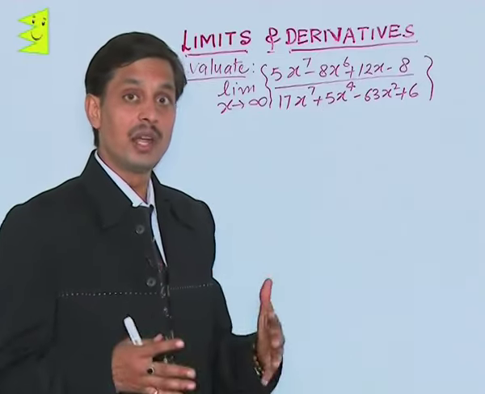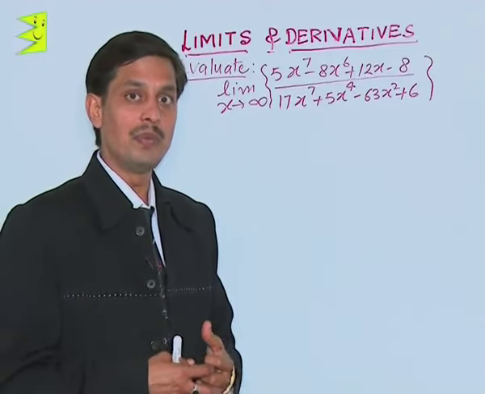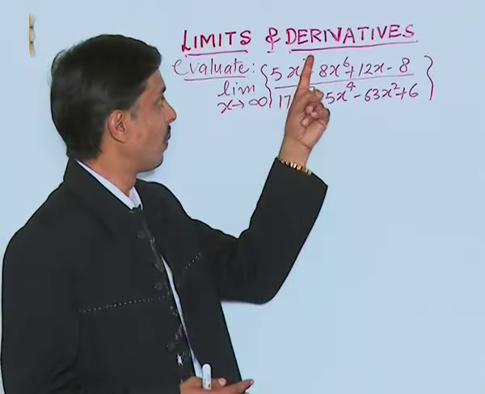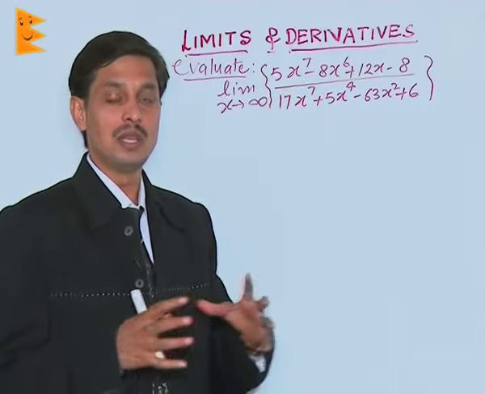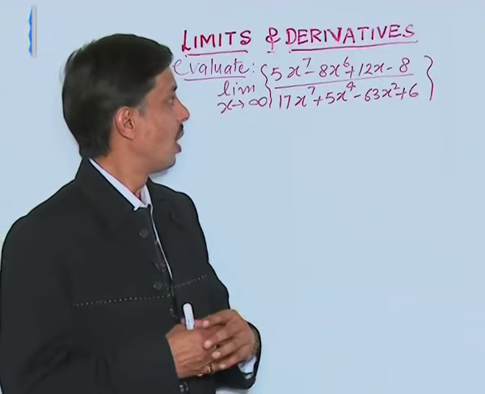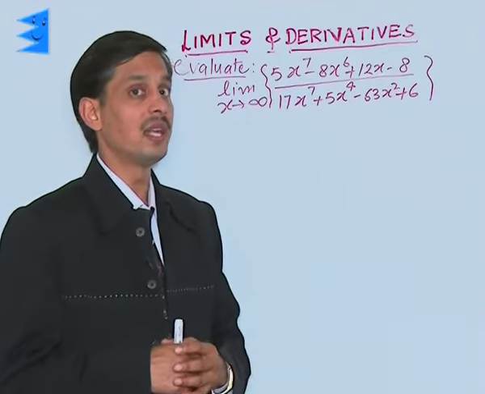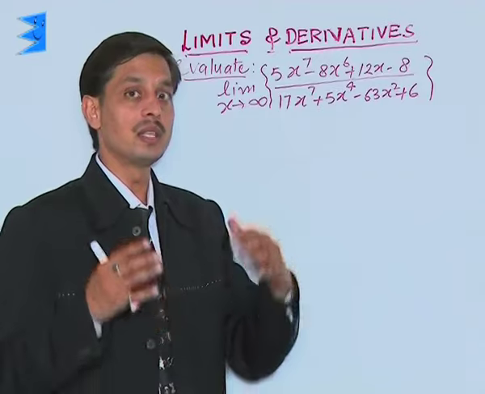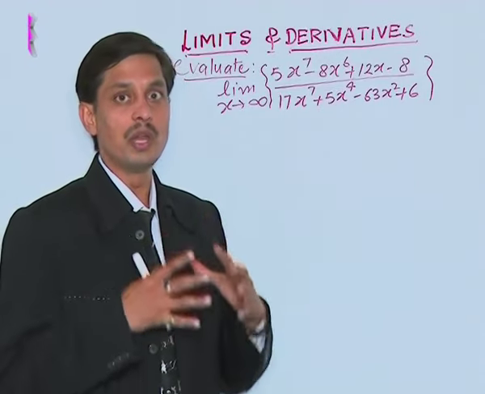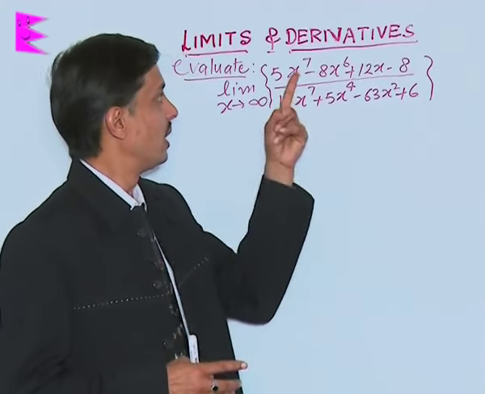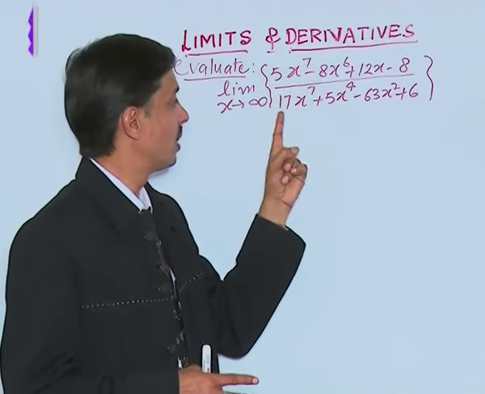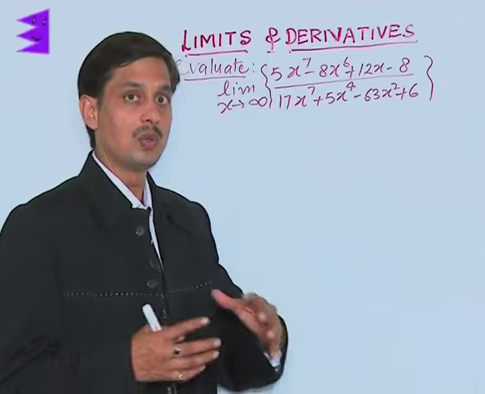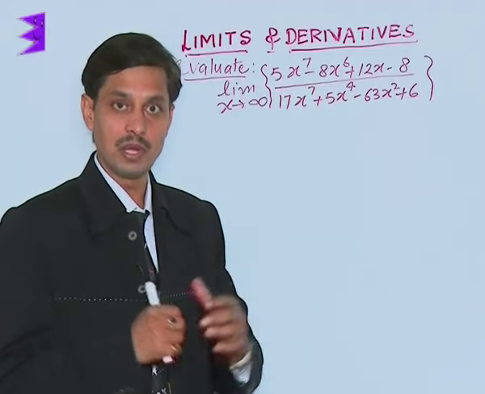As I told you in my previous video, if the degrees of numerator and denominator are the same, then the answer is the ratio of the coefficients of the highest powered terms in numerator and denominator. Here the degree is 7 and its coefficient is 5. In the denominator the degree is 7 and its coefficient is 17. So the answer must come 5 by 17.